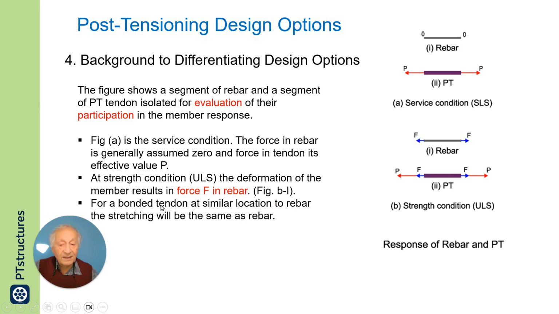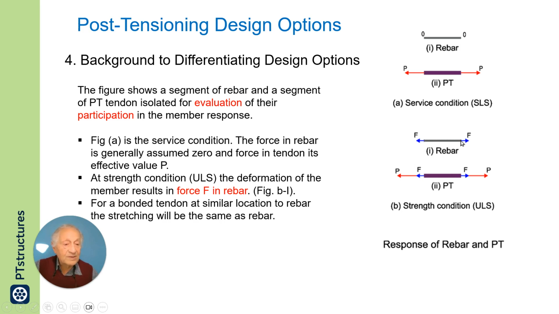Now, for a bonded tendon at a similar location to rebar, the stretching will be the same as rebar. Imagine you have a bonded tendon next to rebar. The stretching will be the same because both of them are steel.